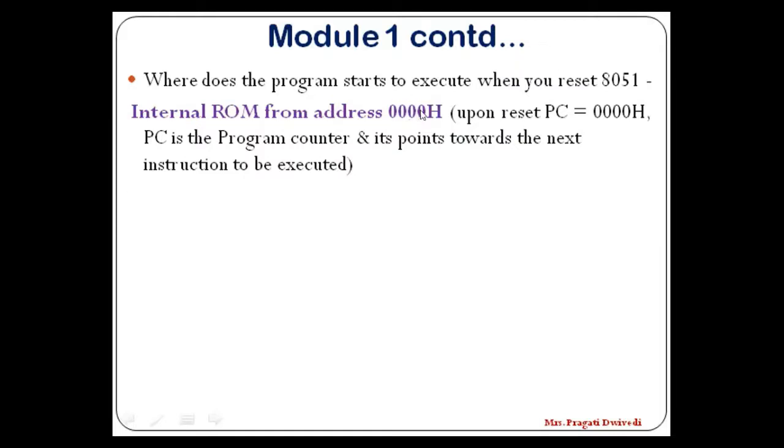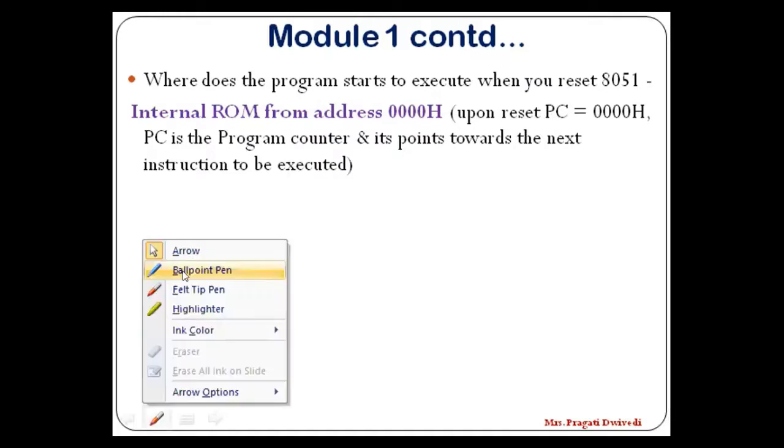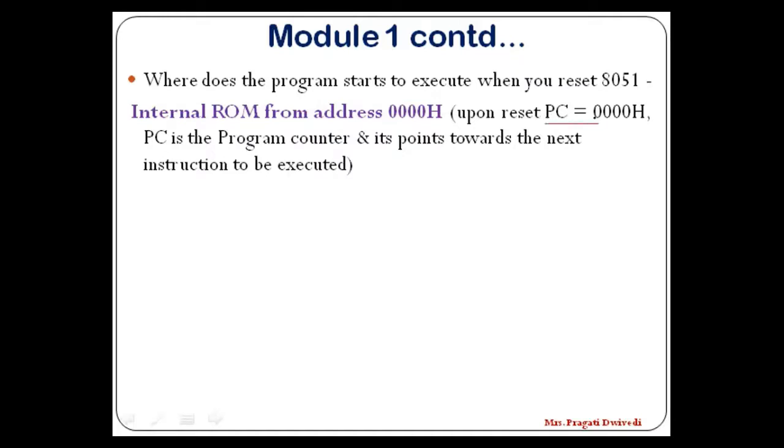Who is holding the address? It is the program counter. Very important register, your program counter. What is the function of the program counter? It points towards the next instruction to be executed. So when you just reset, your program counter is 000. That means the MUSI will start executing the code from 000 onwards.